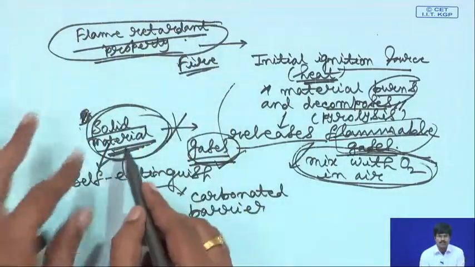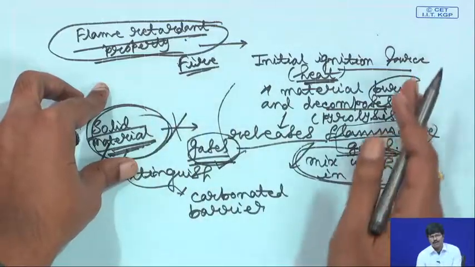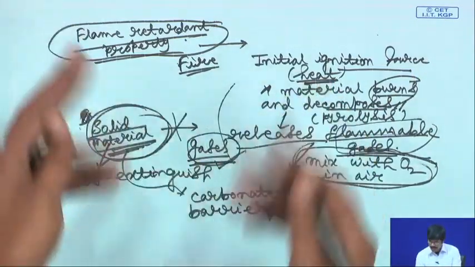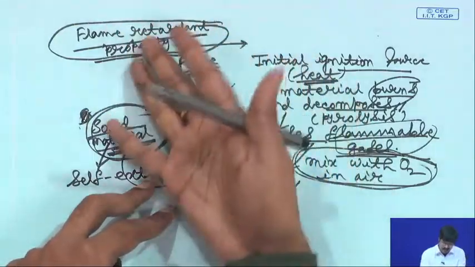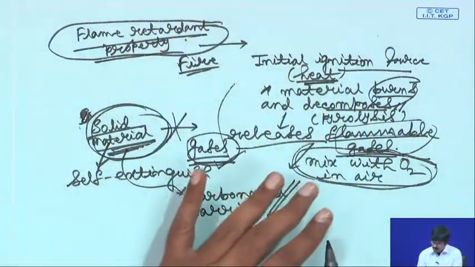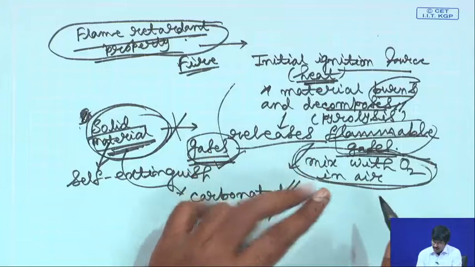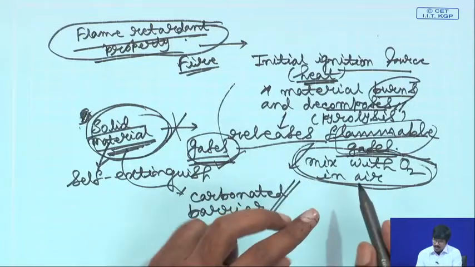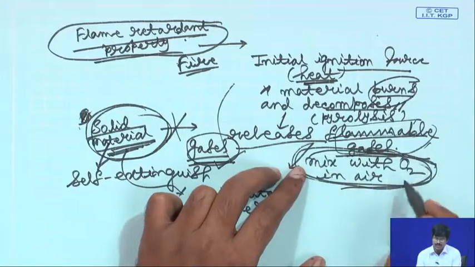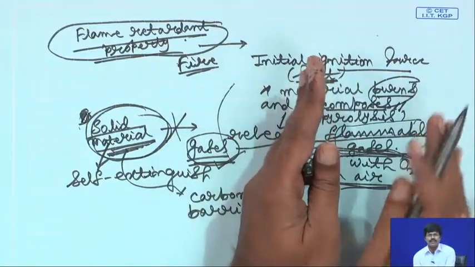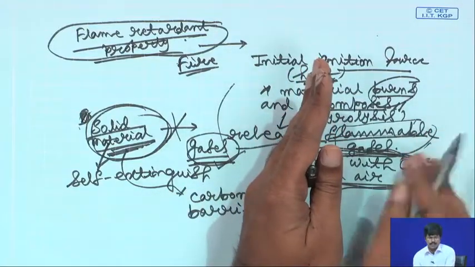Secondly, it can stop the decomposition of this material so that no more flammable gas is released. This is one of the ways in which it can be done. Secondly, you can use a kind of flame retardant material which can release inert gases which mix with this flammable gas and oxygen, and dilute this and reduce the devastating effect of the fire.